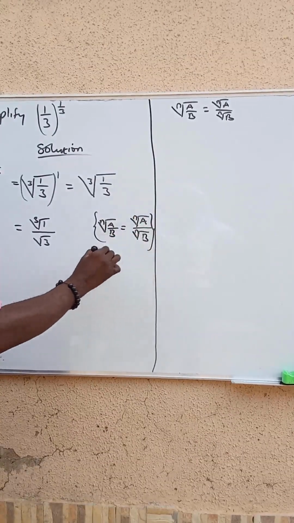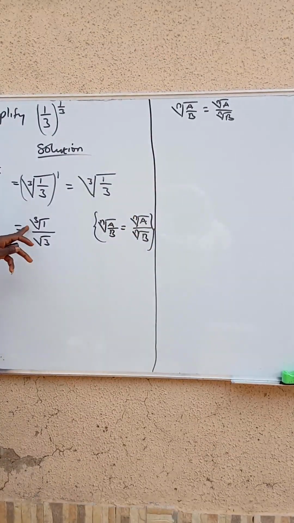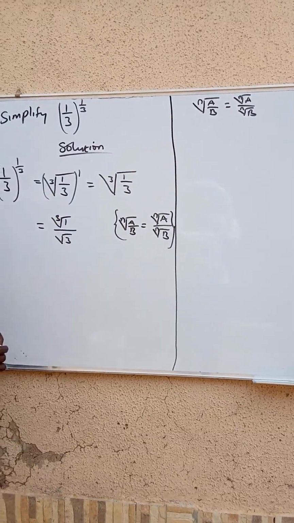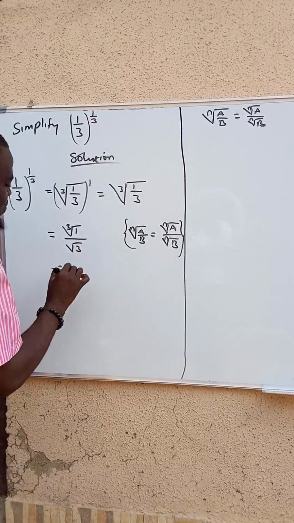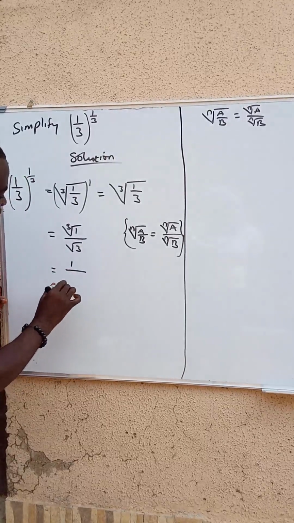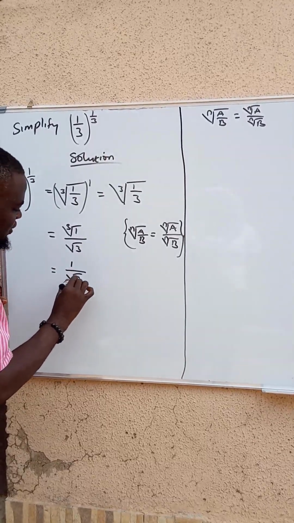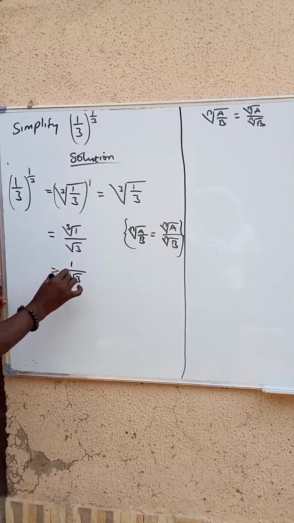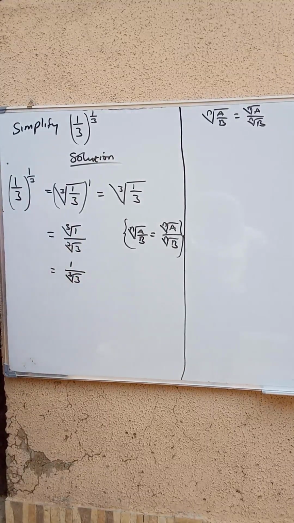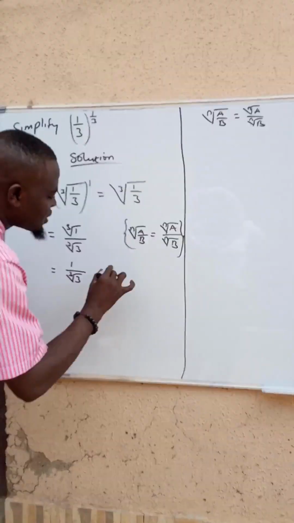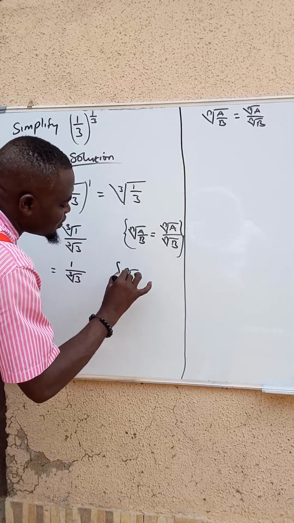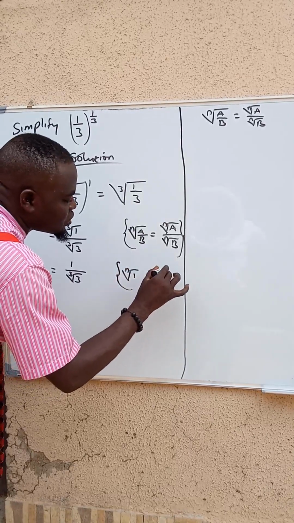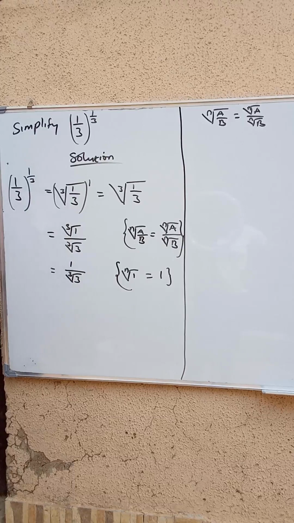Yes, that is what I did here. Now this is the same thing as what? 1 over the cube root of 3. The cube root of 3. Yes, because the nth root of 1 is equal to 1.